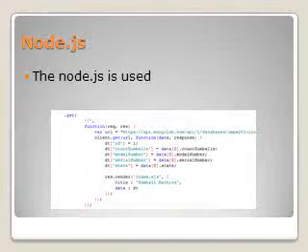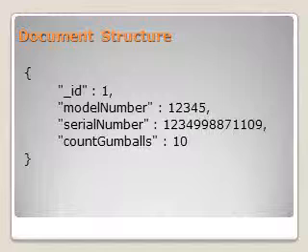I'll now demonstrate the document structure which is stored in the Mongo database. You will see the model number, serial number, count gumball, and ID. When the user inserts a quarter and turns the crank, the count will automatically decrement by 1.